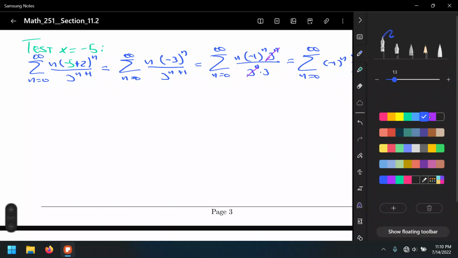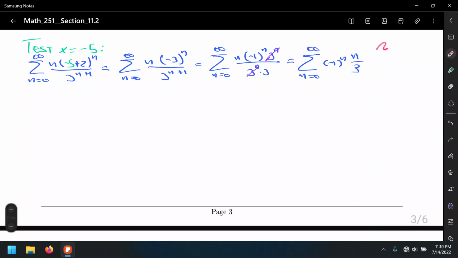Okay, so let's label this as alternating series test. For the alternating series test, the first condition is that the limit of a sub n as n approaches infinity is 0, and the second condition is that the sequence is non-increasing, that is a sub n plus 1 is less than a sub n.